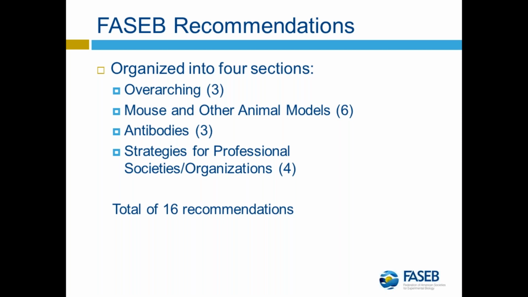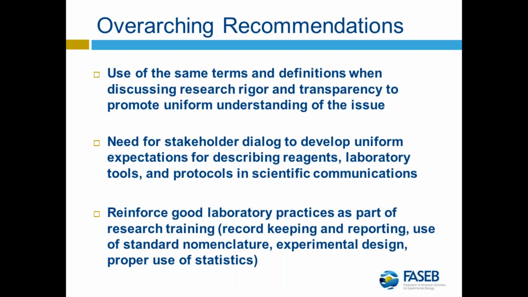And then, what I like about our effort, and I might be a little biased because I helped lead it, but we weren't just saying, oh, this is stuff that the scientists have to think about. We were thinking about what we could do as professional societies and organizations. What could we do to help enhance rigor and reproducibility? Part of this stems from the fact that most professional societies, certainly those within FASEB, are also publishers of journals where research is communicated. So we had a total of 16 recommendations.